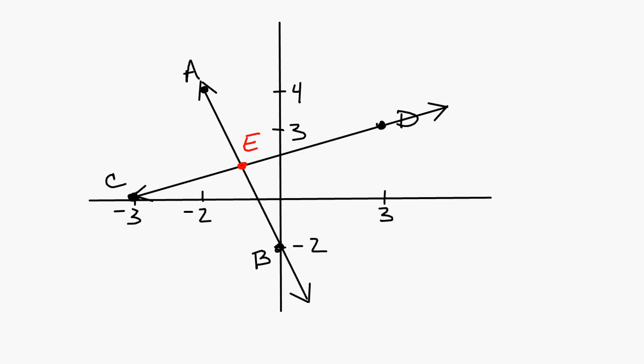Point F is coplanar. What does coplanar mean? Who remembers? Say it loud and proud. Coplanar. On the same plane. So now they're asking you to draw a diagram where point F is coplanar with these points, but not collinear with the lines.